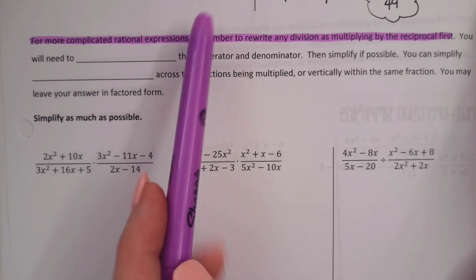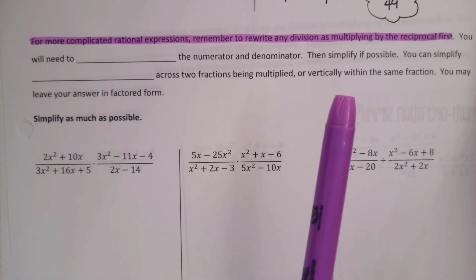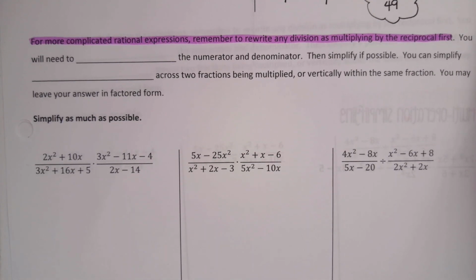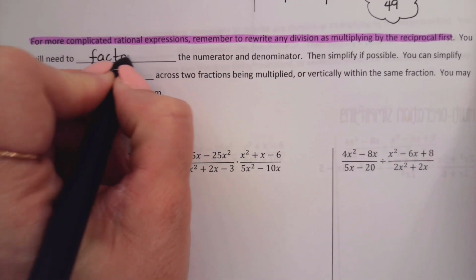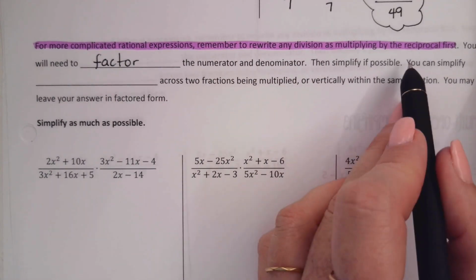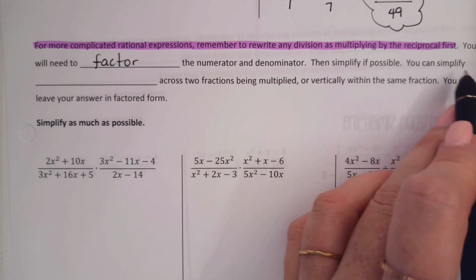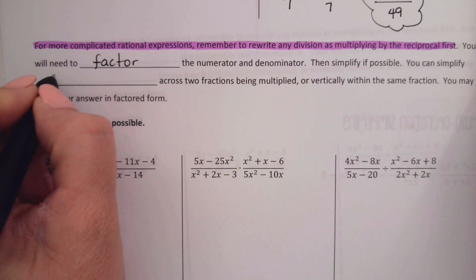So you're going to rewrite any division as multiplying by the reciprocal first. That's your keep, change, flip. We will need to factor the numerator and denominator then. Then we'll cancel any common factors, also known as simplifying it. Remember, you can simplify diagonally across two fractions being multiplied.